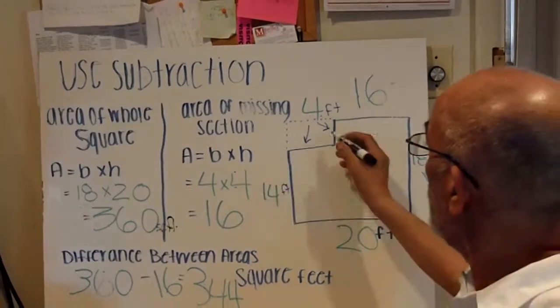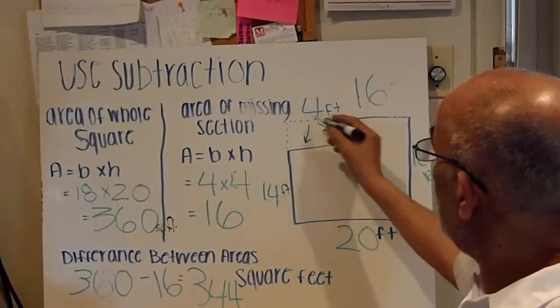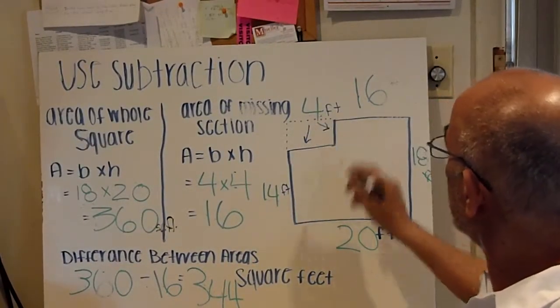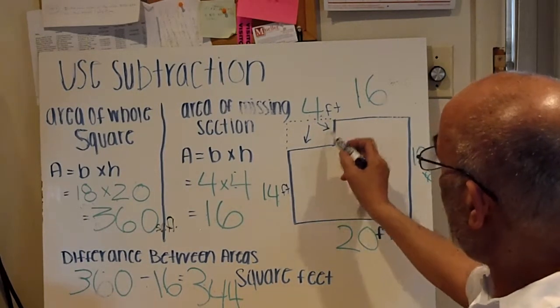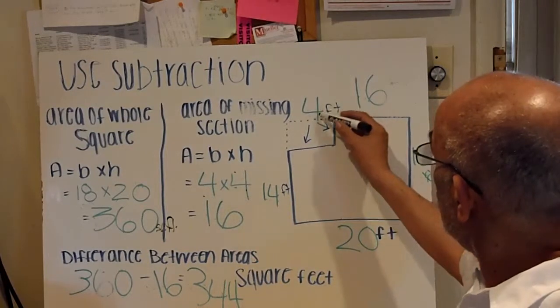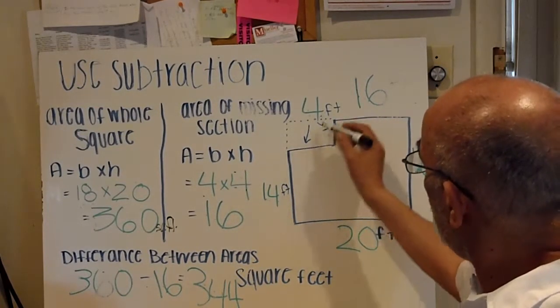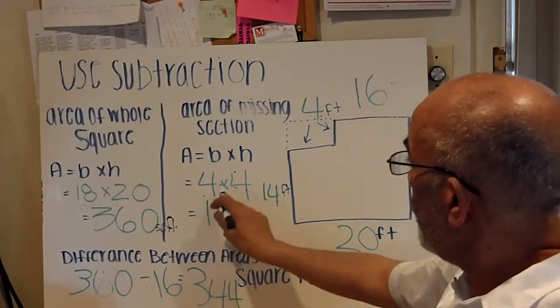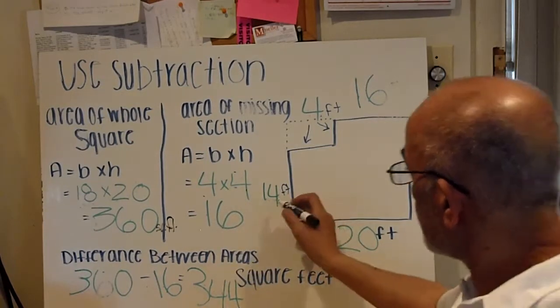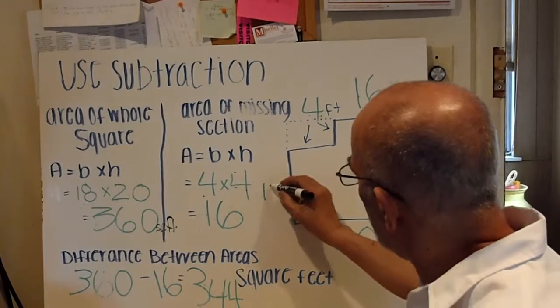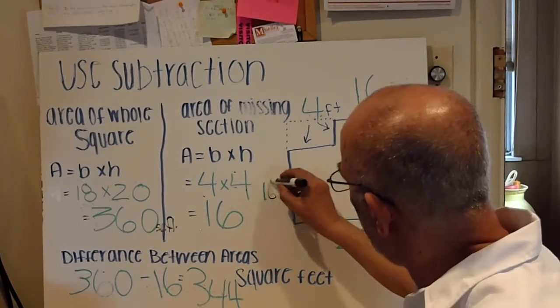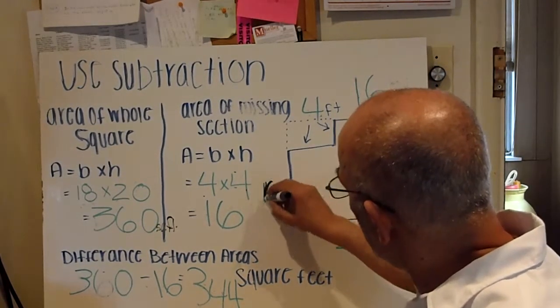Then we're going to find out what this area is here. This is 4 feet by 4 feet. See this arrow pointing to this part and this part? 4 feet by 4 feet. 4 times 4 equals 16 square feet.